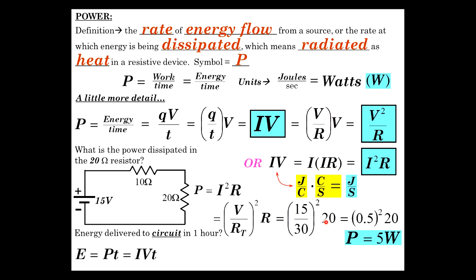Well, the current we just solved for, it's 0.5. So that makes it pretty straightforward. Half an amp, 15 volts, 3,600 seconds in an hour gives us 27 kilojoules. So that energy is what you are paying for every month when you pay your electric bill.